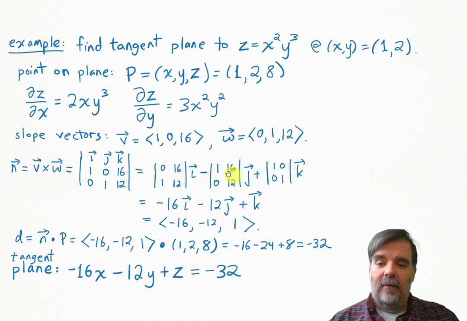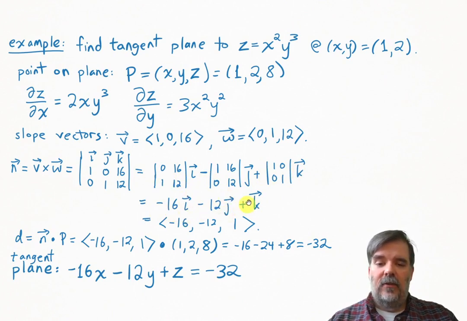And then for k, ignore the values in the column of k, and the remaining values form the matrix coefficient of k. Then for each of these matrices, we calculate a 2 by 2 determinant: top left times bottom right minus bottom left times top right. So these three coefficients are negative 16, negative 12, and positive 1.